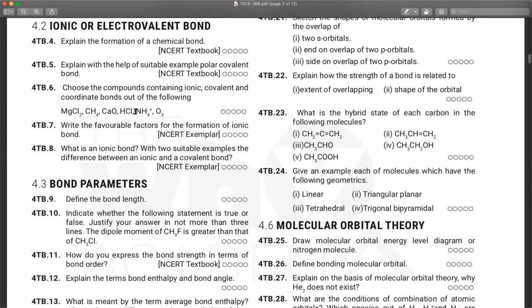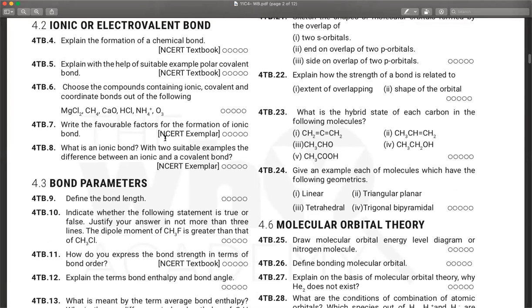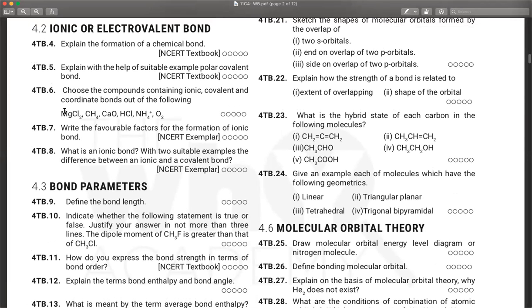Explanation. Alright, 4TB6. Choose the compounds containing ionic, covalent, and coordinate bonds out of the following. We haven't discussed coordinate bonds yet, have we? No. Okay. Ma'am, I have one more.